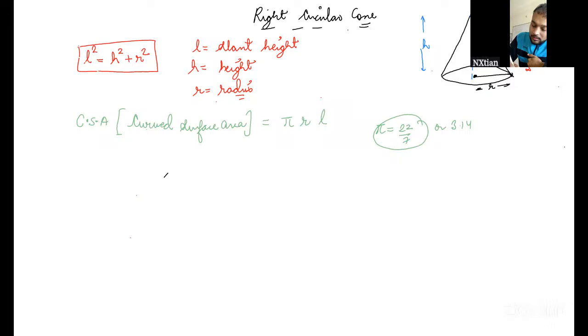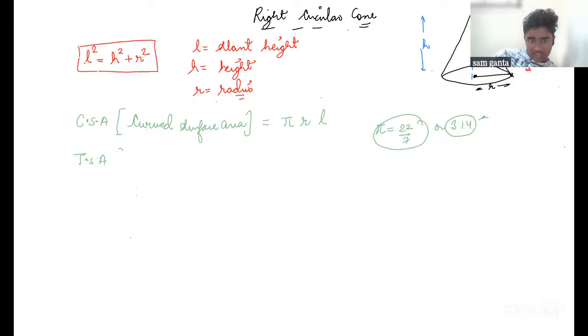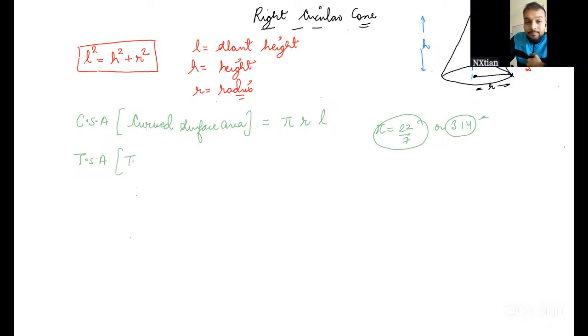And TSA is also called total surface area. Pi r l basically denotes this thing, the curved surface area, in which we are not including the bottom circular part.